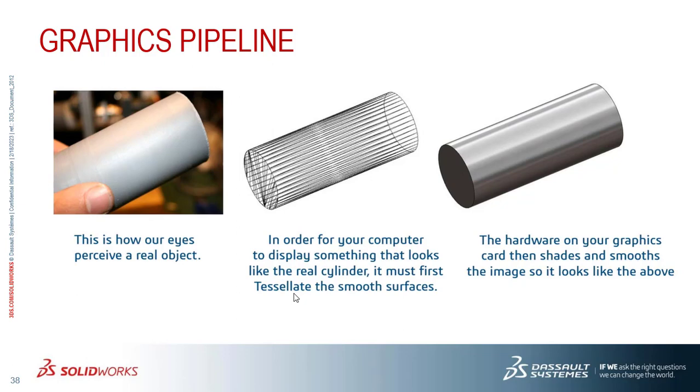So when you create a feature, the tessellation will increase and it contributes to the memory of the file, and ultimately it affects the performance of your graphics. If you have a higher capacity graphics card, it fills these triangles very rapidly. If your graphics card is very low, it takes time to fill these triangles.